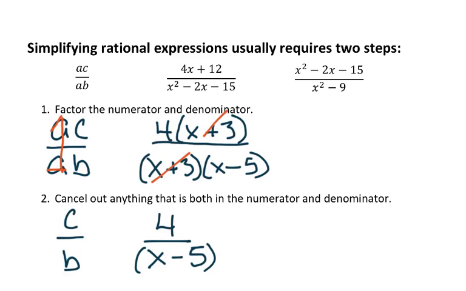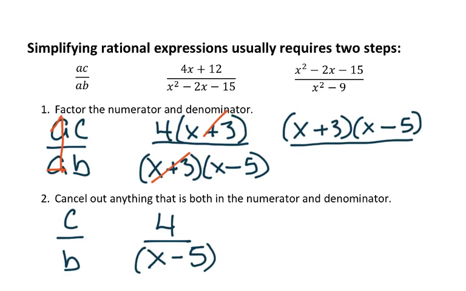Okay, moving on to the next one. I need to factor out everything I can factor out. So the numerator is going to become x plus 3 times x minus 5, divided by, and this is a difference of perfect squares. 9 is a perfect square, x squared is a perfect square.